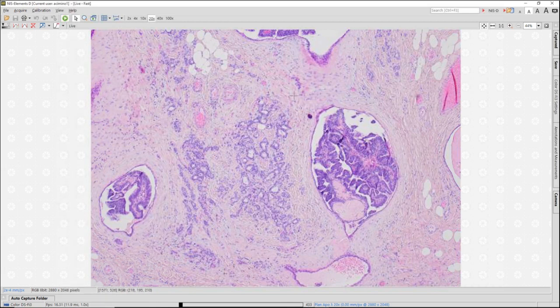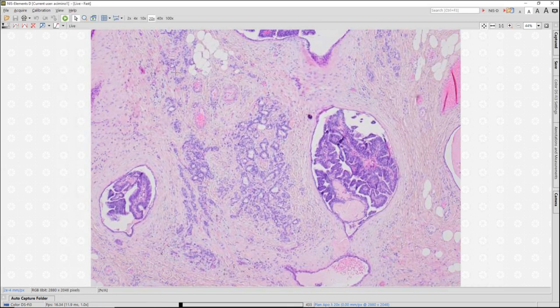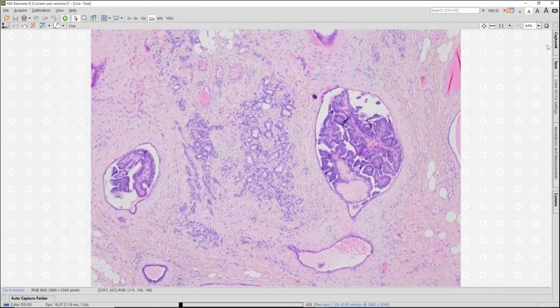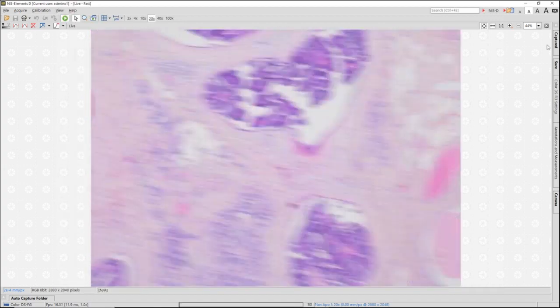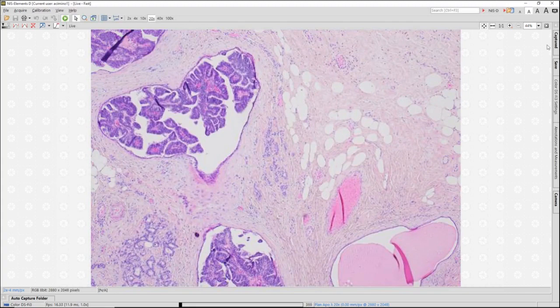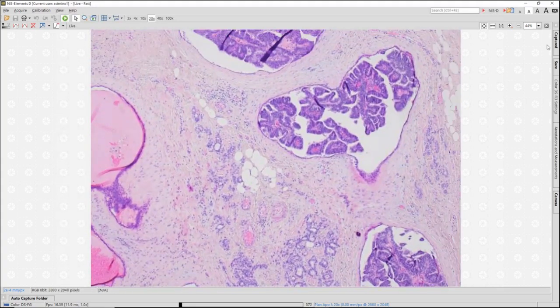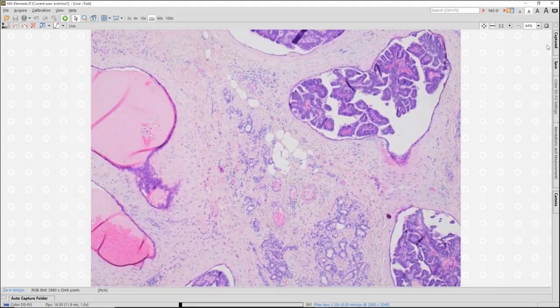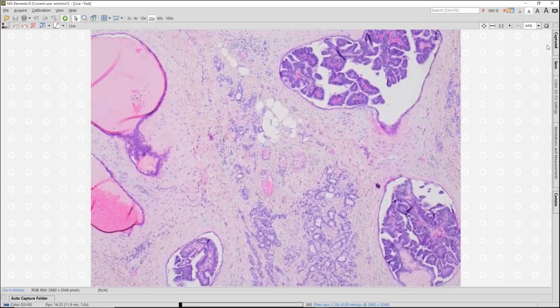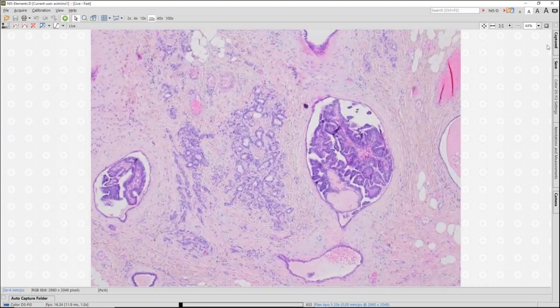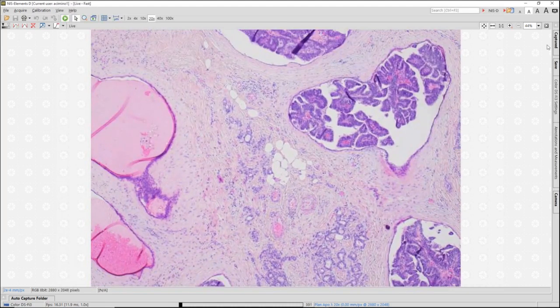This is the type of lesion that you always want to be on the lookout for when you're evaluating papillary lesions, because the patient's prognosis, the stage, and the management are going to be driven by the presence and size of any conventional invasive ductal carcinoma, or what I would call conventional invasive mammary carcinoma, no special type.